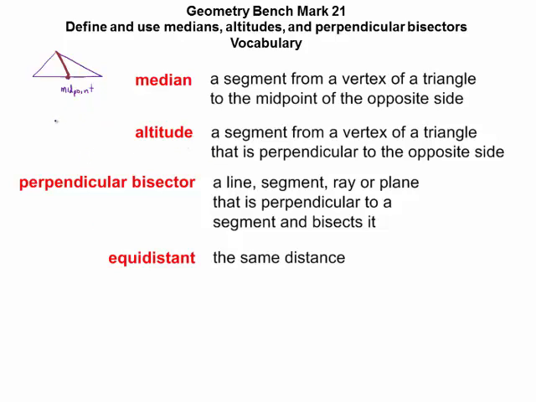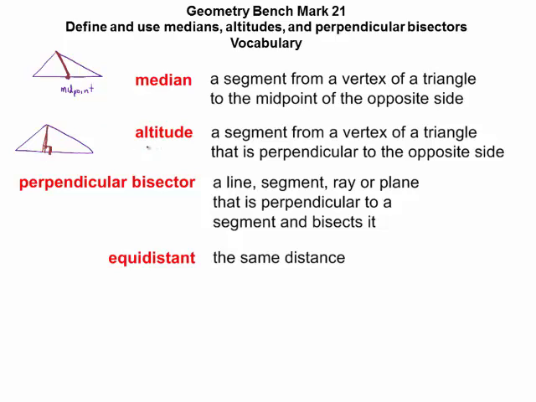Okay, with an altitude, we have a vertex perpendicular to the other side. So we have to hit at a 90-degree angle, an altitude. Now, straight down from the vertex to a 90-degree angle.